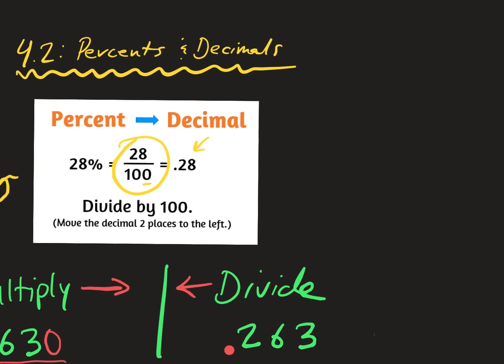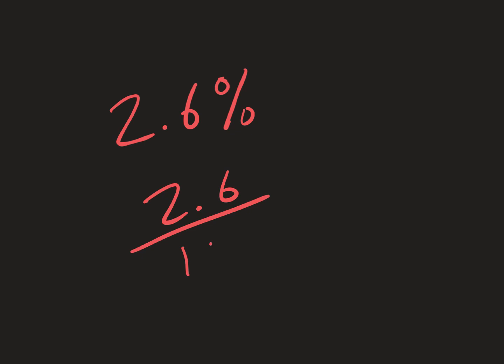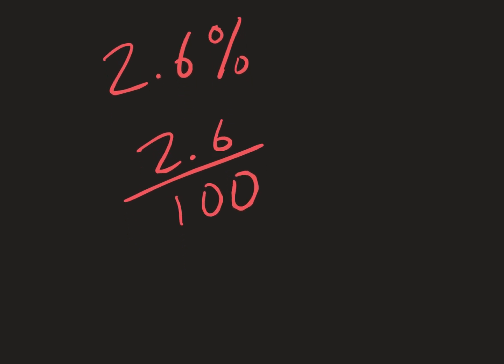When we talk about percentages and converting to decimals, let's say we have 2.6% and we want to convert that to a decimal. Since 2.6% is the same as 2.6 over 100, that means I'm dividing 2.6 by 100.